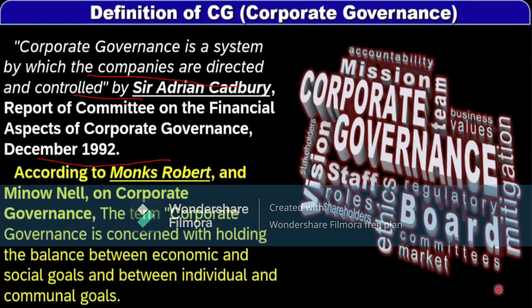Here both profitability can be seen, and at the same time social goals, meaning social responsibility, are also seen on both the management side and the society. Therefore corporate governance means holding a balance between economic and social goals, between individual and communal goals.